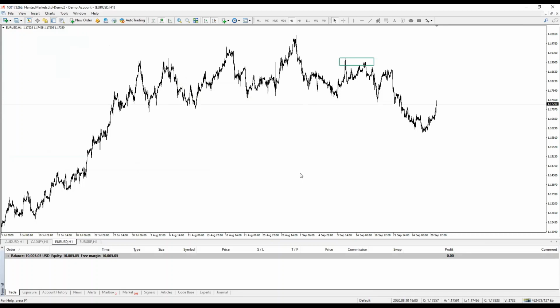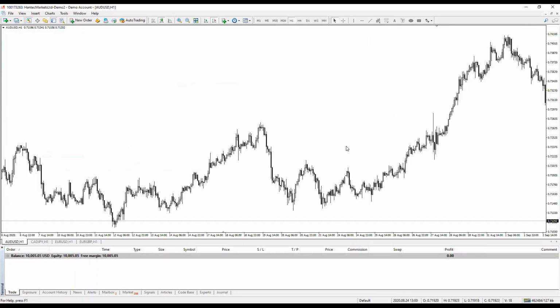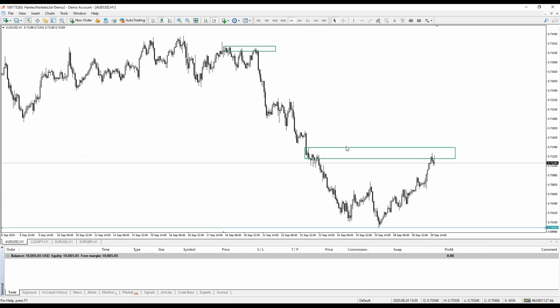Now, so very similar to what we've seen before.